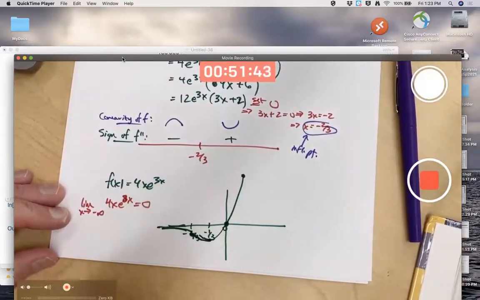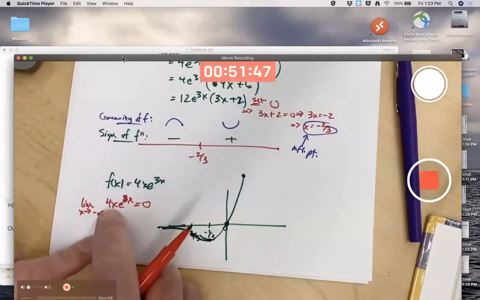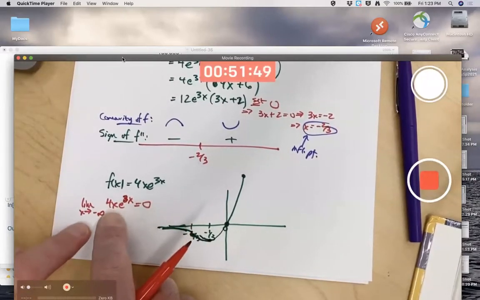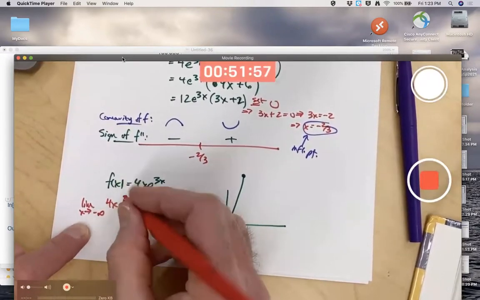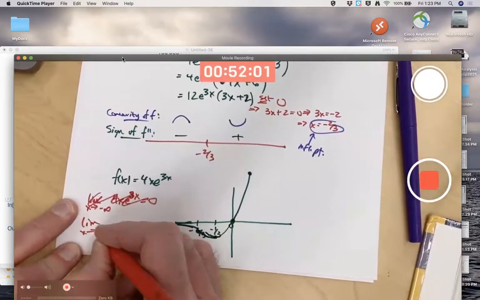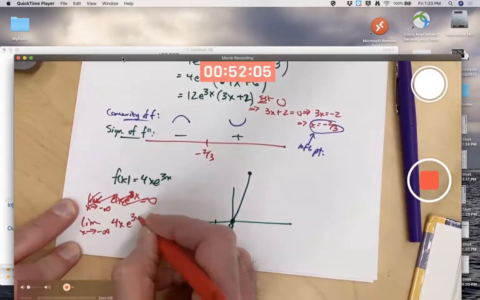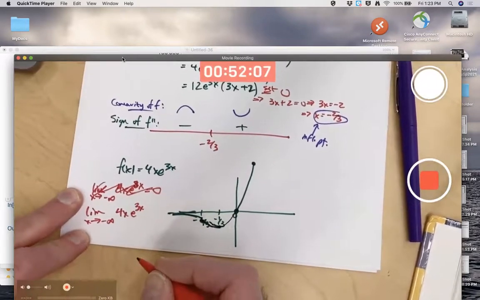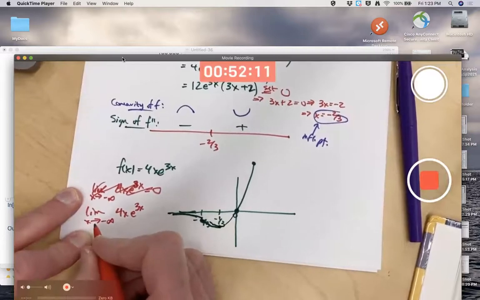That's a 3x there. In spite of the fact that 4 times a number getting very big negatively becomes a very big negative number. The reason this is 0 is because e to the positive 3x, let me rewrite this, e to the positive 3x gets very, very, very close to 0 very, very rapidly as x gets more big negatively.